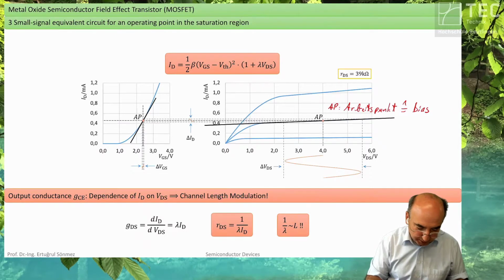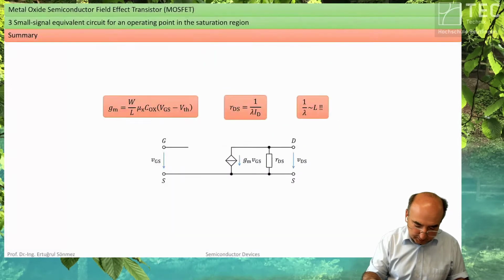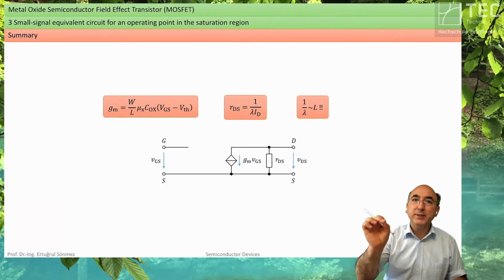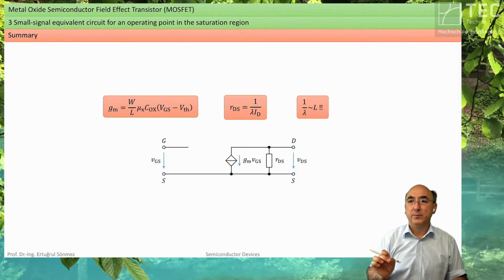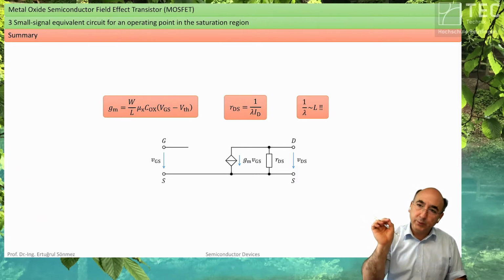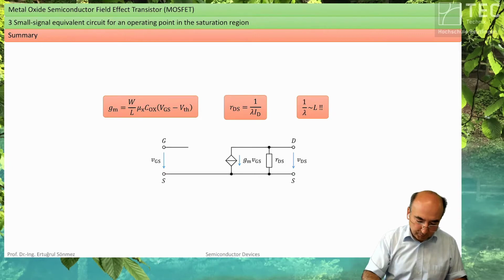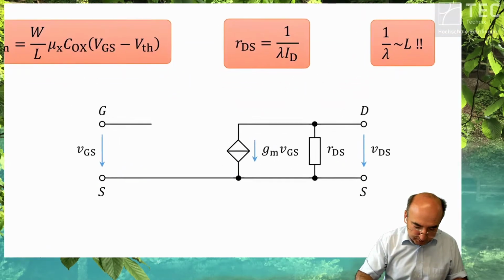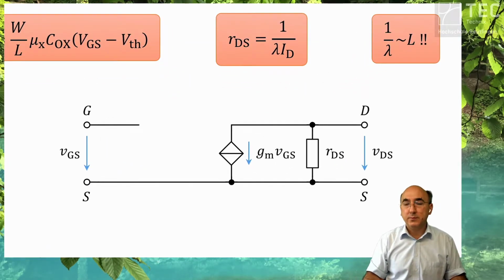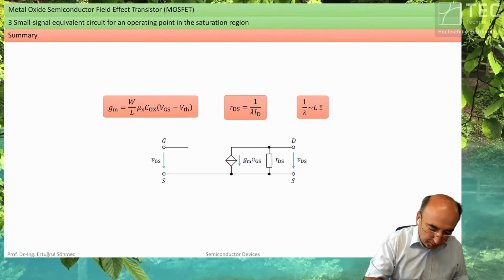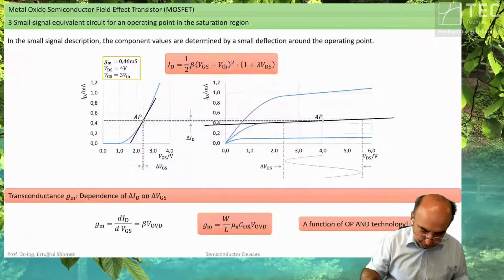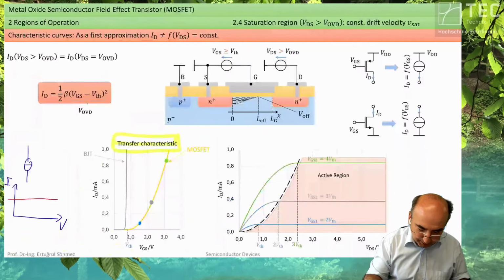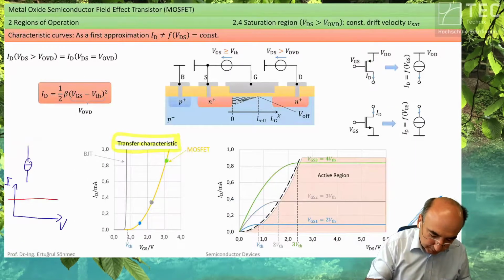Okay, now we have that stuff and the equivalent circuit, a small signal equivalent circuit is this. So your complicated, in brackets, your complicated physical setup.